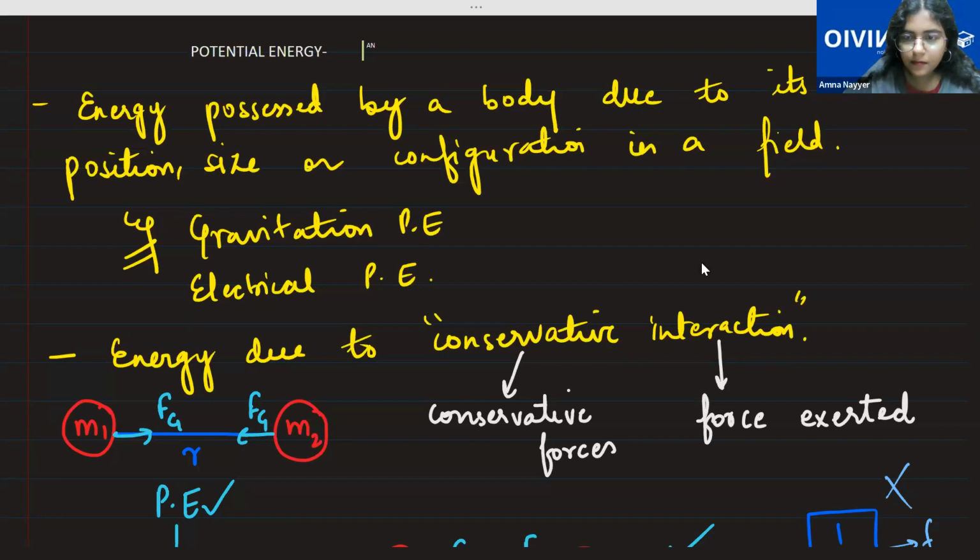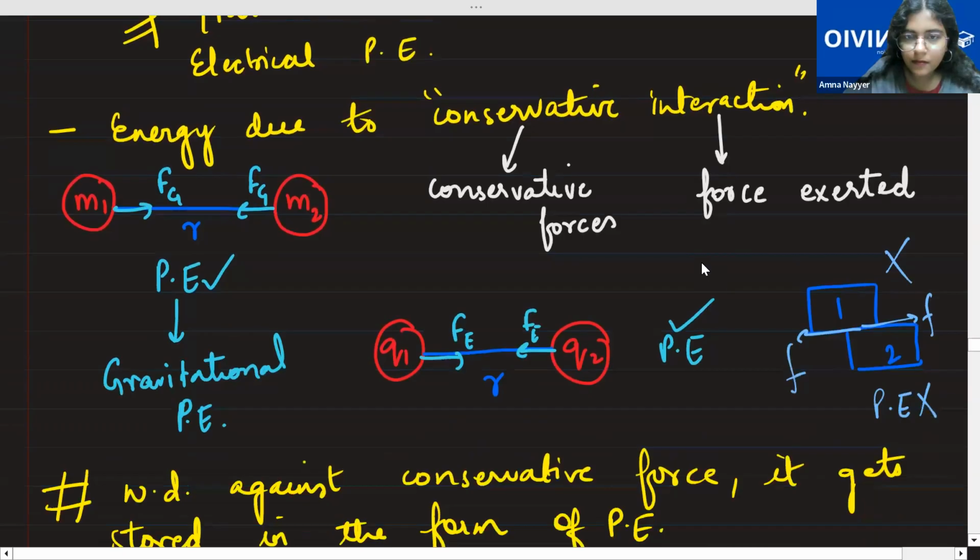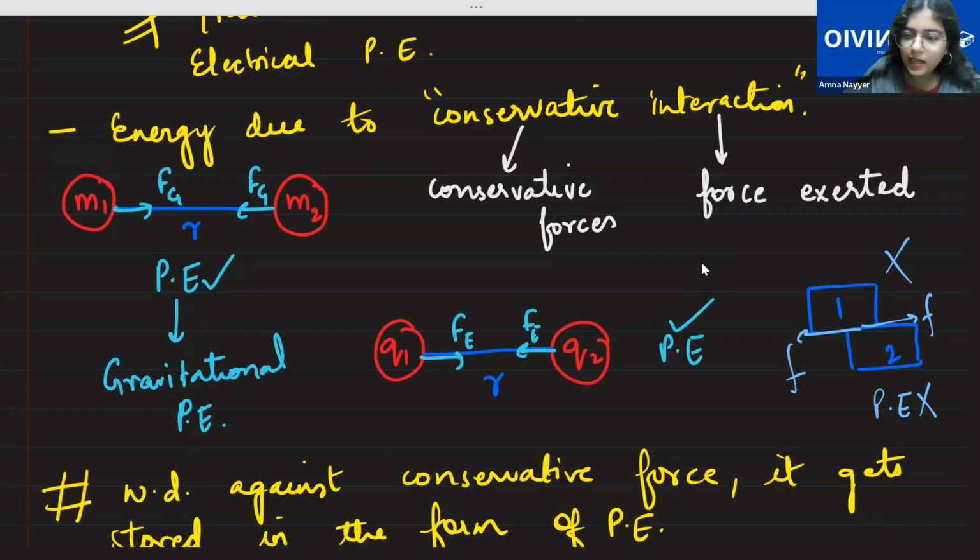The examples you have given on the screen are gravitational potential and electric. If the size is changing or the position is changing, that will confirm that potential energy is there in the system. There's nothing else to confirm.